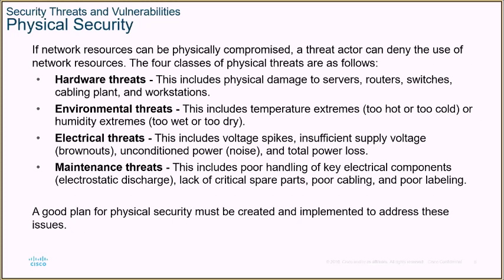Environmental threats, so extremes in temperature or humidity. Electrical threats, so of course you can have voltage spikes, loss of power, brownouts, which means a low supply of voltage, or noise from a dirty generator, as in a poor, untidy waveform.